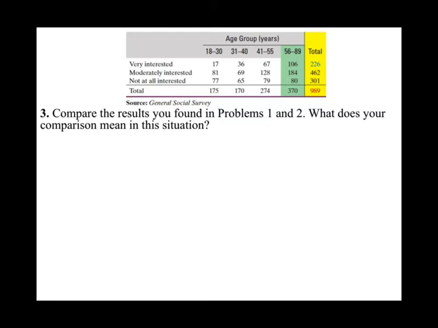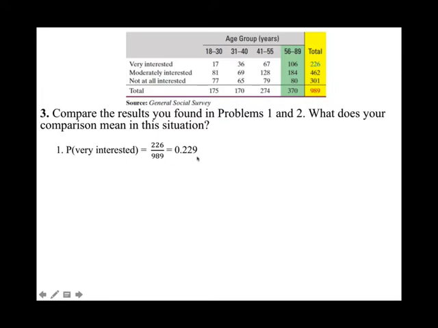Question 3. Compare the results you found in problems 1 and 2. What does your comparison mean in this situation? For number 1, we want to find the probability of very interested. The total number is 226 over the total possible outcome, 989, and we got 0.229.